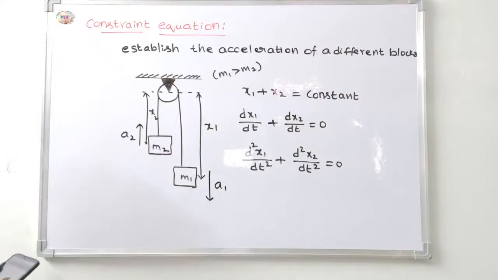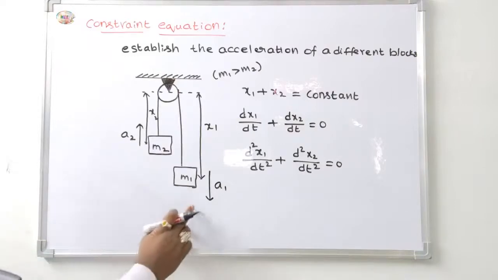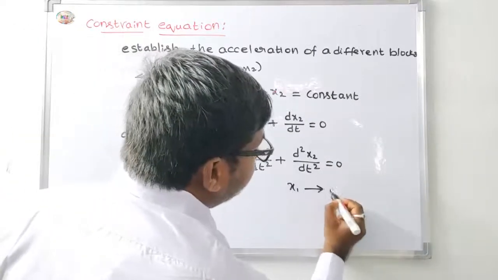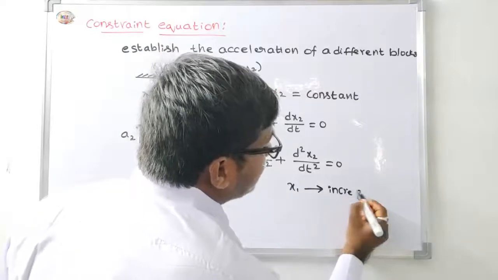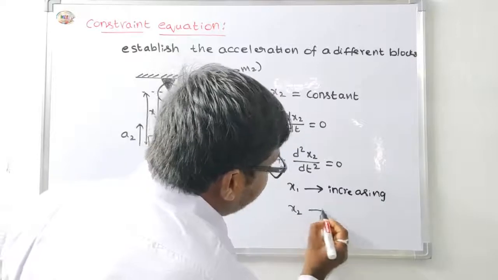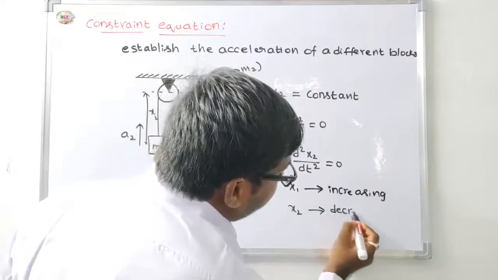Since block M1 is assumed to be moving downward, x1 is increasing and x2 is decreasing with respect to time.